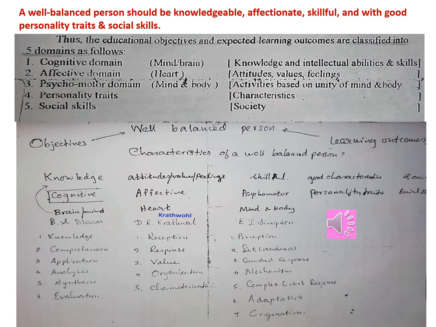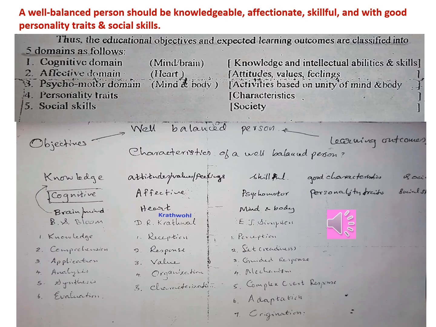Then we are taking the attitudes, values. What's the domain then? Affective domain. You don't find a knowledge domain, attitude domain, skill domain. No. So cognitive domain, affective domain. Affective domain deals with attitudes, values. Right. The body part is heart. And the person who has put forward this one is D.R. Krathwohl.